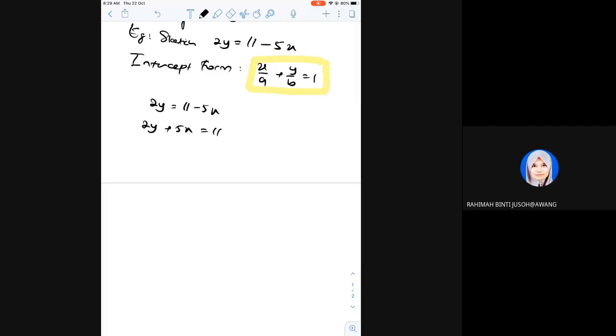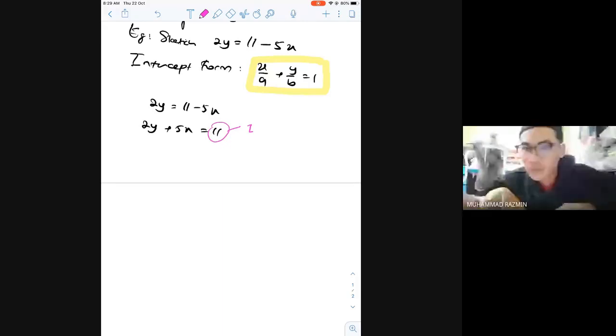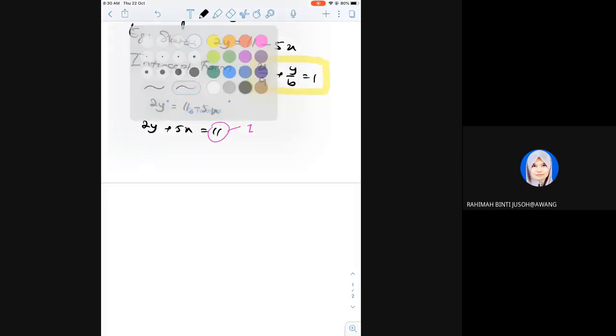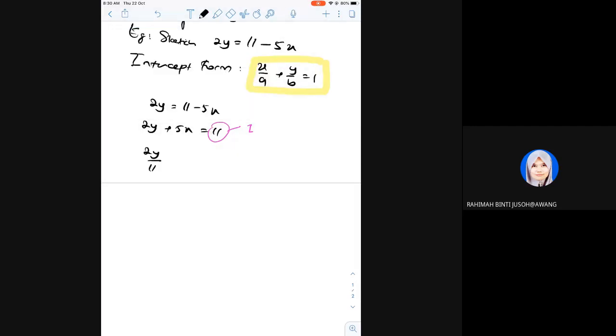After we move the variables, we need to make sure that the value on the right-hand side is equivalent to 1. So how to do it? By dividing every element by 11. Kita kena bahagikan 11 pada both sides. So we divide both sides by 11. Then we get 2y over 11 plus 5x over 11 equals to 1.